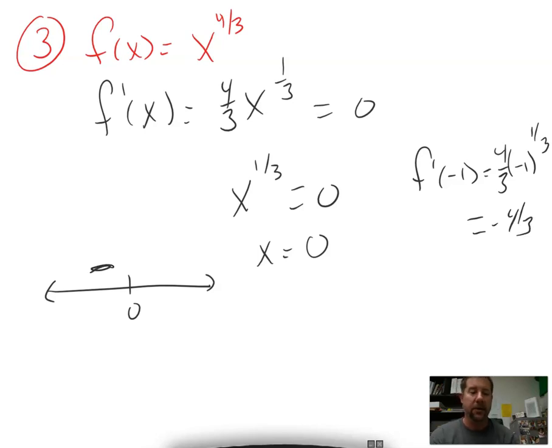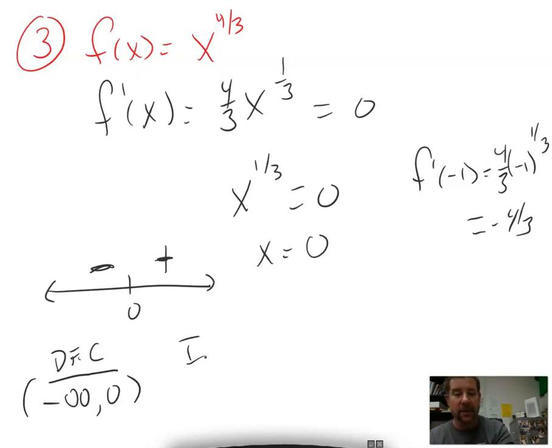Again, I don't care about the number so much, just the sign. It's going to be negative. And if I plug in a positive 1, the cube root of 1 is 1, and 1 times 4/3 is 4/3, so that's going to be positive. That tells me that f, the function, is going to be decreasing on negative infinity to 0, and increasing on 0 to infinity.